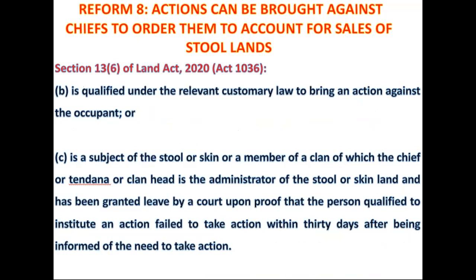Section 13, subsection 6 is there. It says that the person must be qualified under the relevant customary law to bring an action against the occupant of the stool or skin or land, as the case may be.